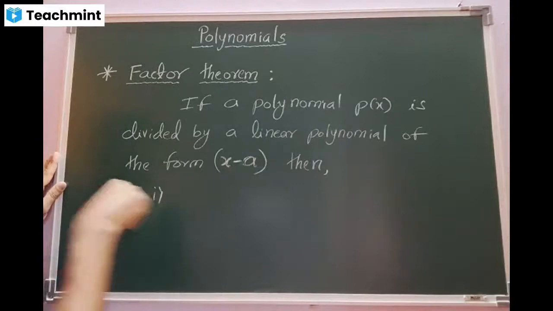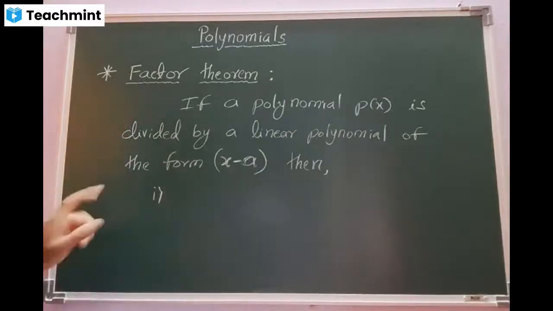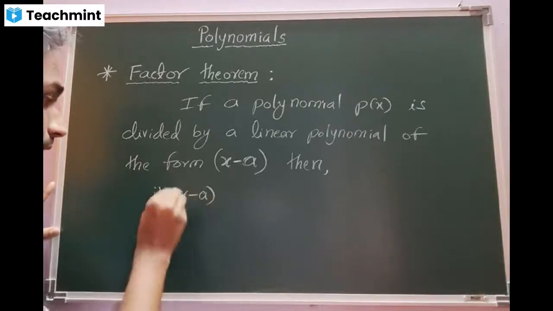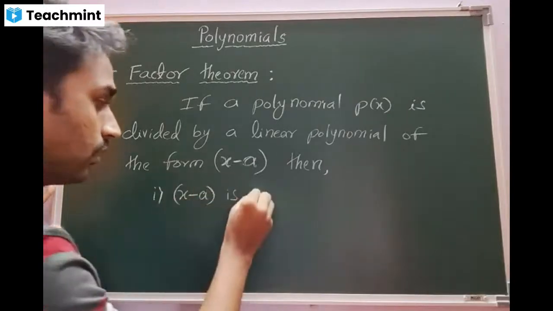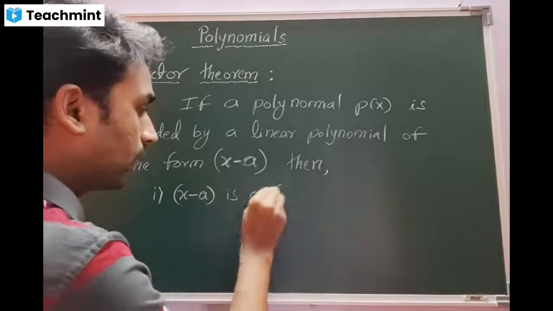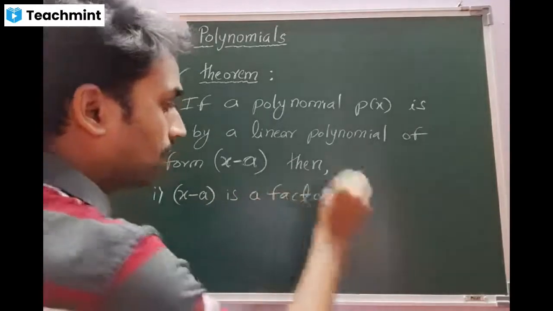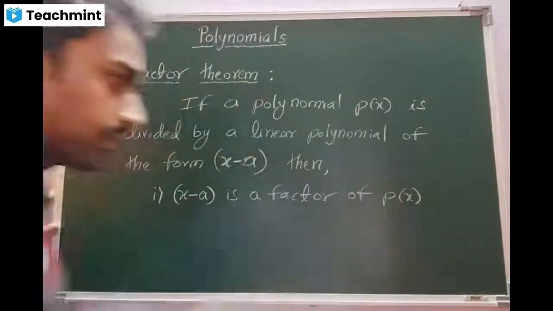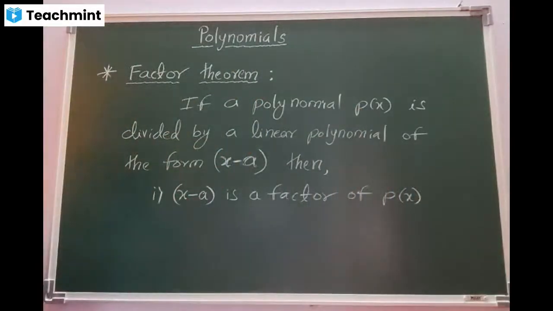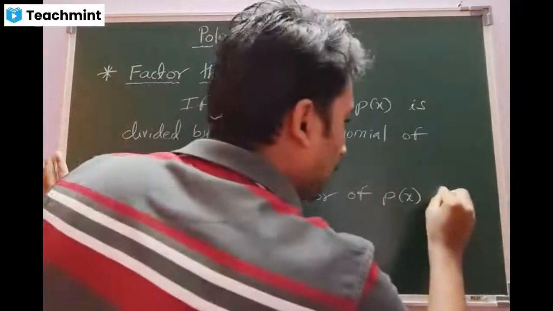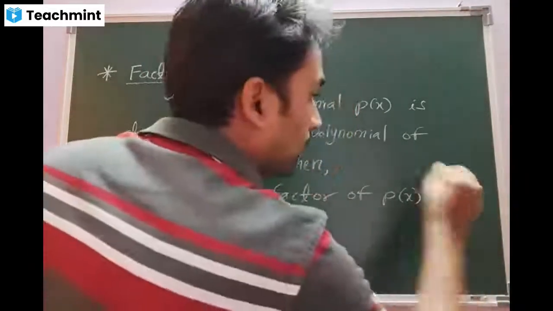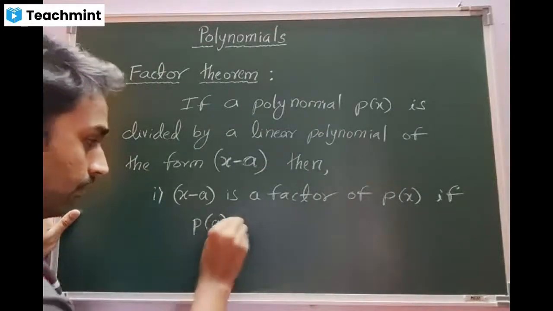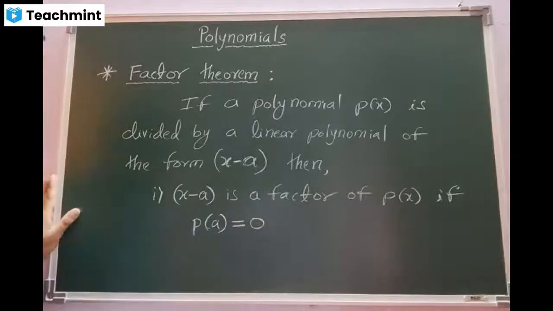There are 2 points related to this theorem. Number one, x minus a is a factor of p of x if p of a equal to 0.